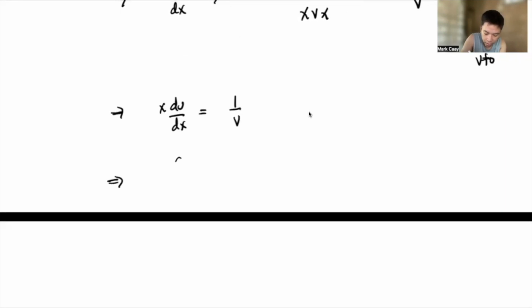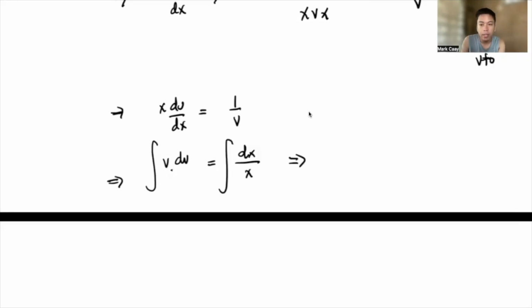So I would get v dv, and that's equal to dx over x. So if I'm gonna take the integral of both sides, again, this is draft only, this is not formal. So kayo nang bahalang mag-formalize. This is 1/2 v squared, tama? And this is ln of x plus c.